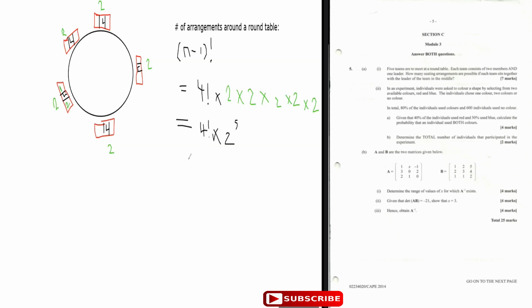So it's equal to 768 ways. So there are 768 ways this can be done. All right, nice and easy.